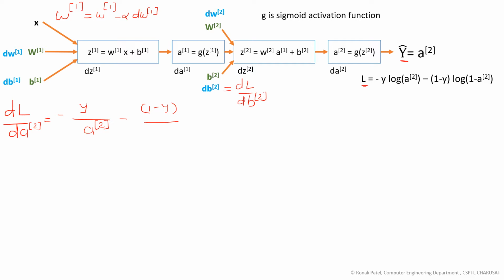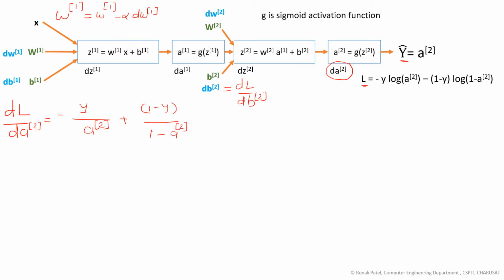In the same way, the derivative of log (1 minus a2) will be 1 upon (a2 minus 1), but I want to write it as 1 minus a2, so there will be a negative sign, and this negative and negative will become plus. So this is the first term, dL upon dA2.